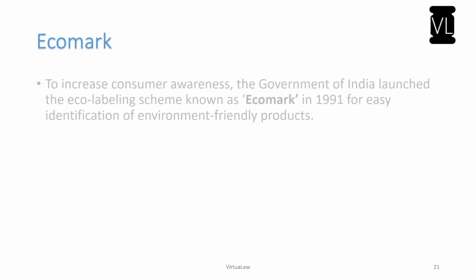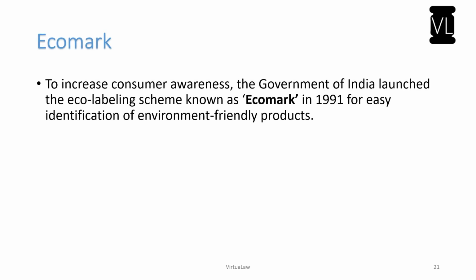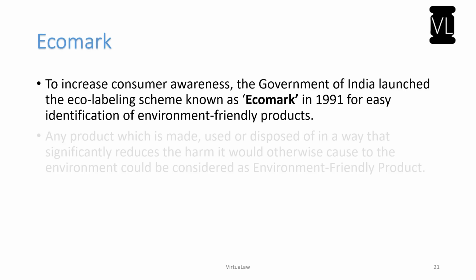Finally, the concept of Ecomark. So what is an Ecomark? It is like an earthen pot, which is reflected as the mark. The government of India launched that mark. It is a labeling scheme launched for identification of environment friendly products. The term environment friendly is very important.